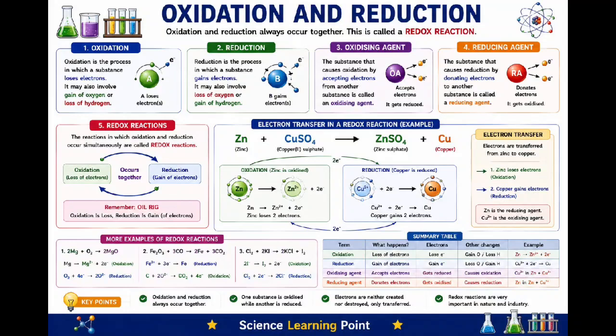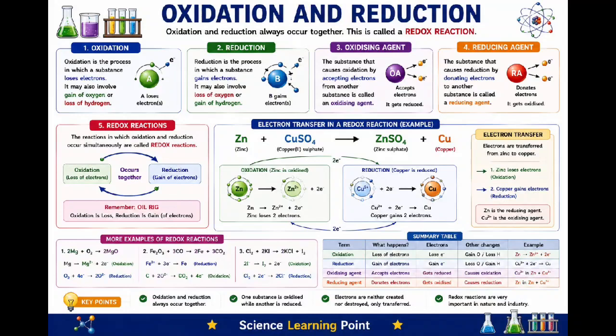So remember, reducing agents donate electrons. Now let's put everything together. When oxidation and reduction happen at the same time, we call it a redox reaction.